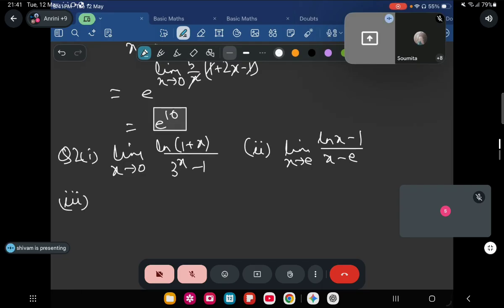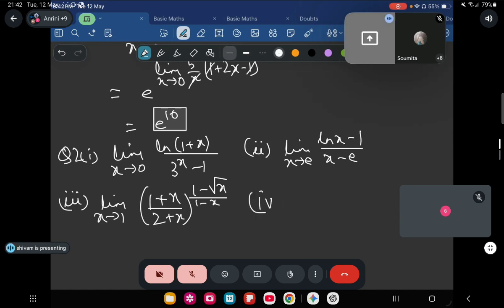Part 3: limit x tends to 1, 1 plus x by 2 plus x whole to the power 1 minus root x upon 1 minus x. Solve. Part 4: limit x tends to infinity, x by x plus 1 whole to the power x. Solve.